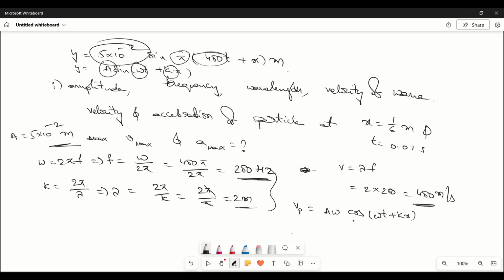Similarly the acceleration of the particle is represented as minus a omega square into sine of omega t plus kx. Based on that, we get minus 4 into 10 to the power of 4 meter per second square. So on substituting the values from the displacement expression, we get particle velocity and particle acceleration as 10 root 3 pi and minus 4 into 10 to the power of 4.